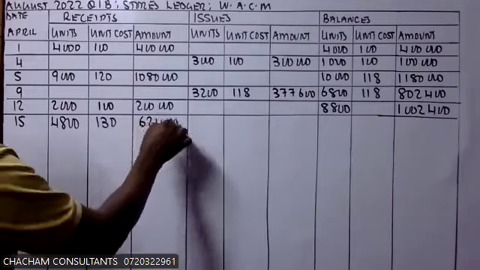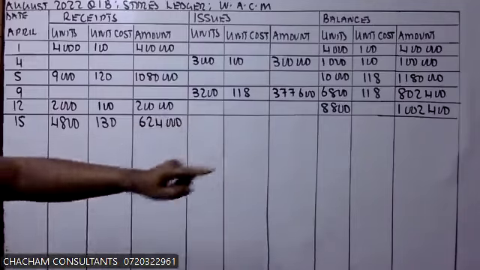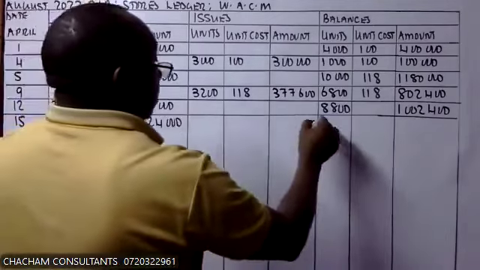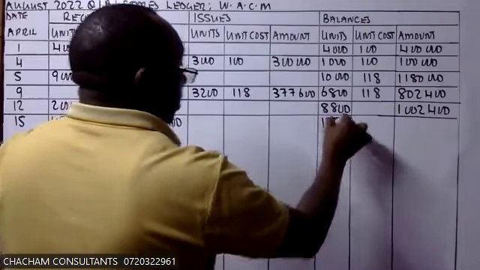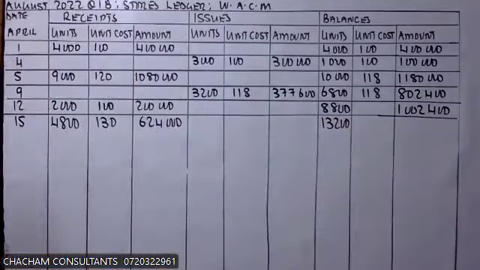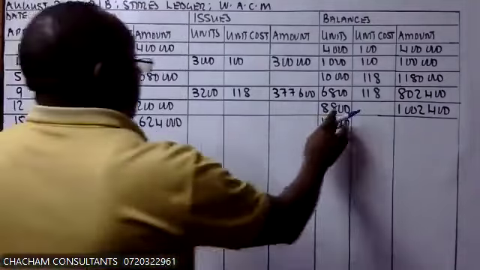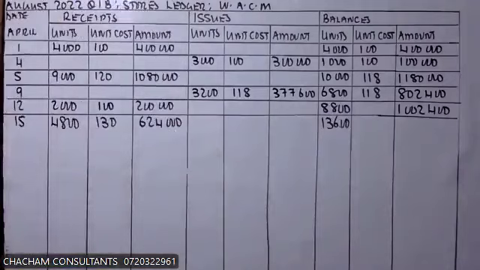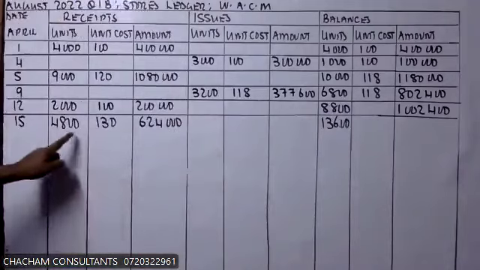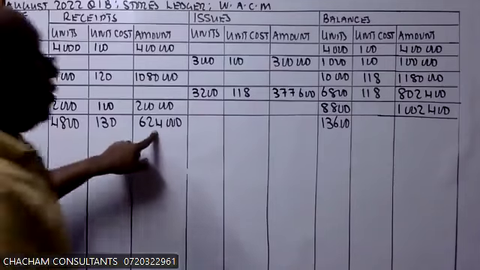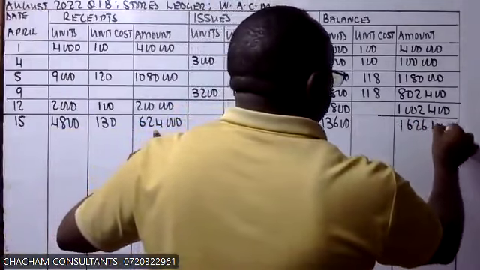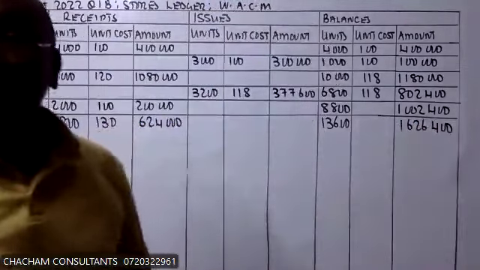So this 624,000. Now when we go there, we need to get the average. So this 4,800 plus this one, it must be 13,600. Then you add this 624,000 here. You get 1,626,400. So get the average.